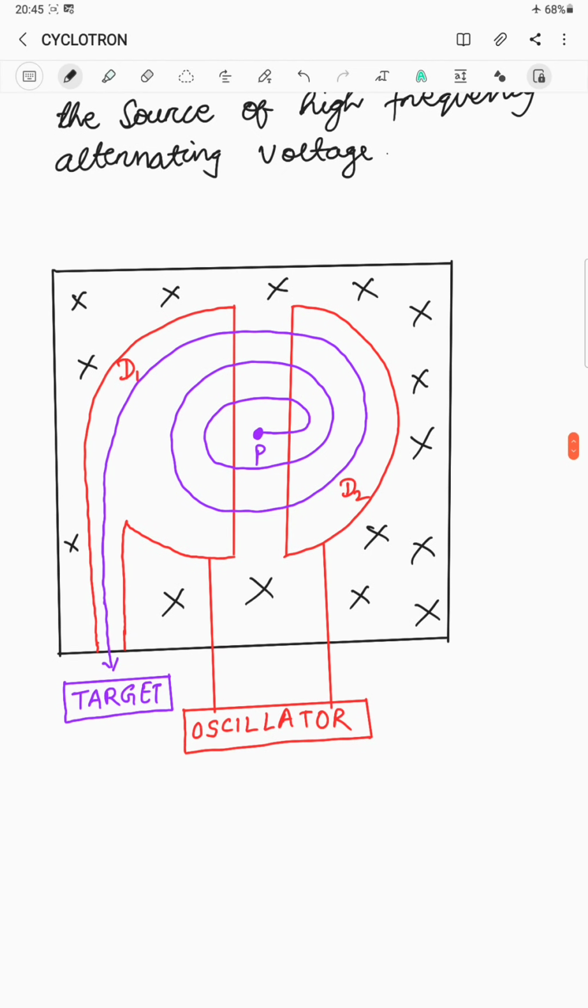Then the fourth point, the charged particles are pulled out of the D's by a deflecting plate through a window, that is the target window, which I have shown.